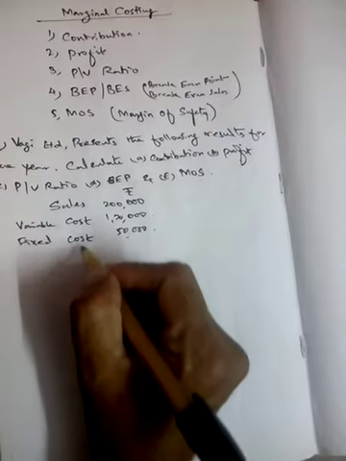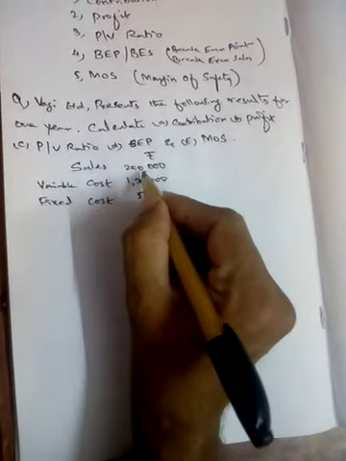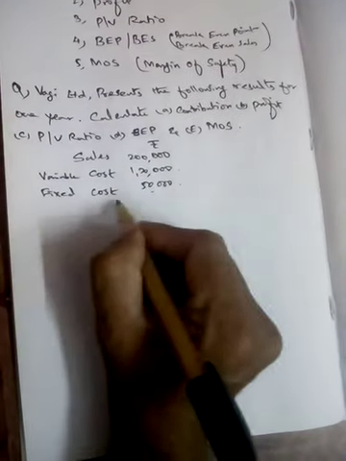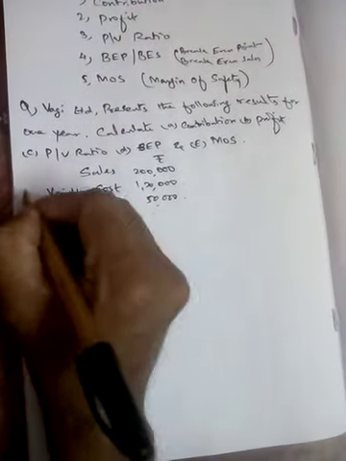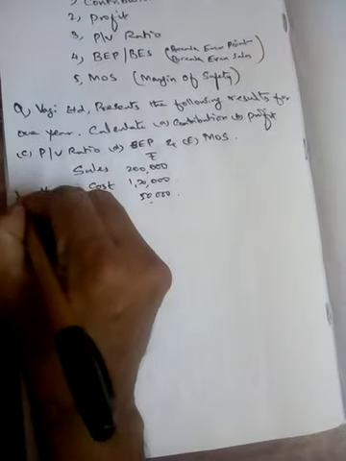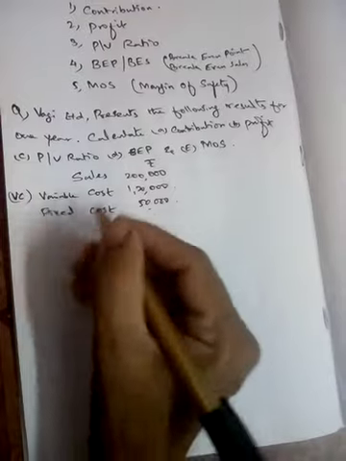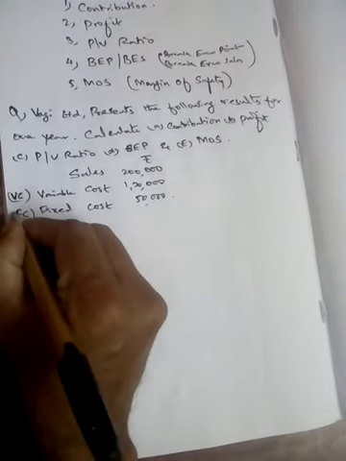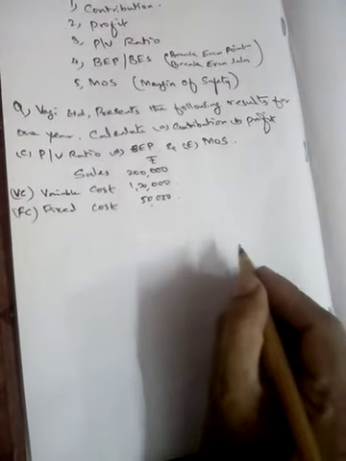Here we have the details: sales 2 lakh rupees, variable cost 1,20,000, fixed cost 50,000 rupees. In certain questions, for variable cost they simply give VC, that is variable cost, and for the fixed cost also they give FC, that is nothing but fixed cost.